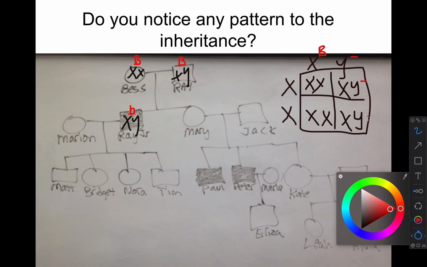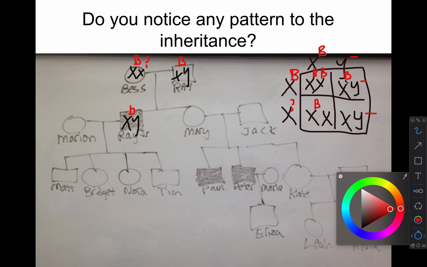So this is nothing, nothing, and we're gonna just fill what we know in. And we know that one of Bess's has to be capital B because, right, she doesn't show color blindness. So we know that she has to have at least one dominant allele. So let's put that one right here. This is still our question mark right here. So we'll put that right here.